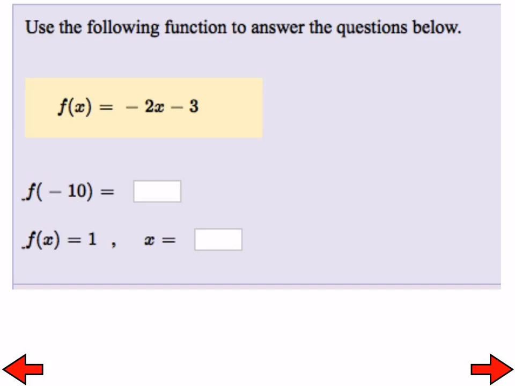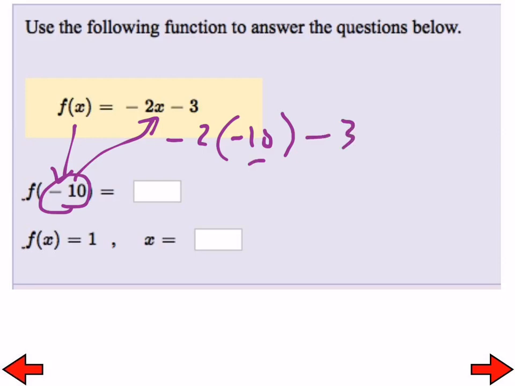So what is f of negative 10? 17. It is 17, because this is just like all the other problems that we were just working on. So since x is being replaced with negative 10, we take negative 10 and substitute it in there, and we get negative 2 times negative 10, which is 20, and 20 minus 3 is 17. So you can go ahead and type that answer in My Open Math.